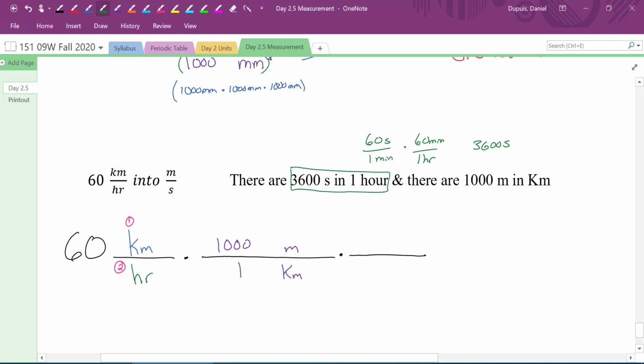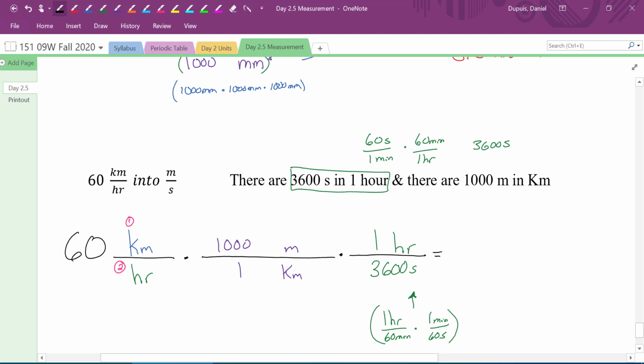So in 1 hour, hour has to go on top. Yep, 1 hour, right? I can put 60 minutes down there or 3,600 seconds down there. The other way to do it would be 1 hour is 60 minutes and 1 minute is 60 seconds. So that could be substituted up there too. If that makes you feel more comfortable, please do that.